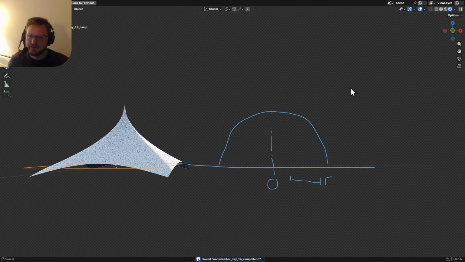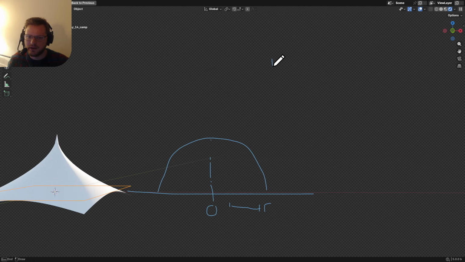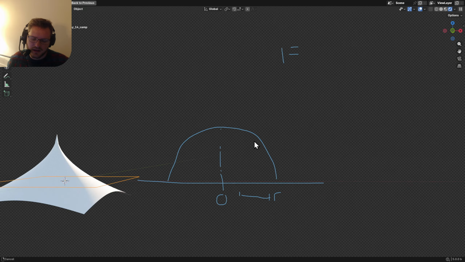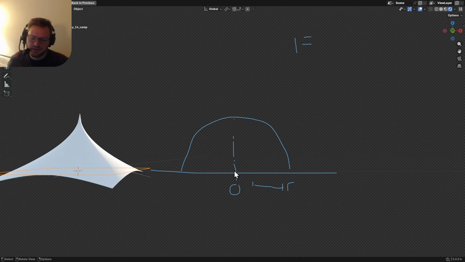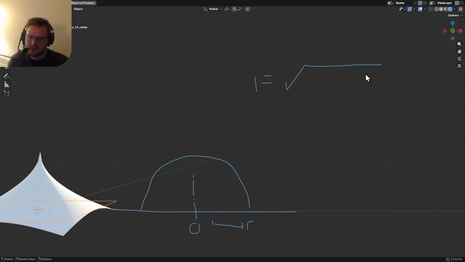So again, if I have a unit disk 1, then 1 is equal to x squared. Well, if we think about this one-dimensionally, in this case, 1 is equal to the distance from the center. No, that would be two-dimensional. X squared plus y squared.